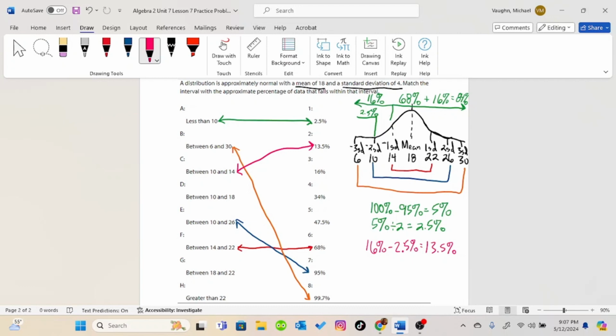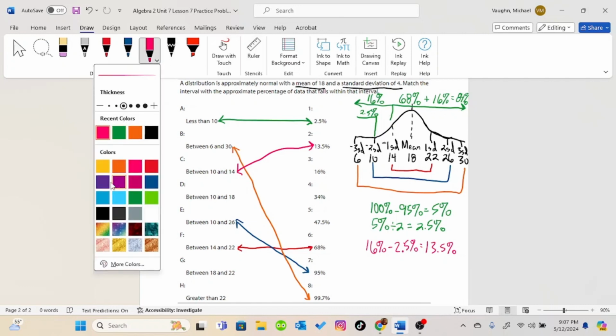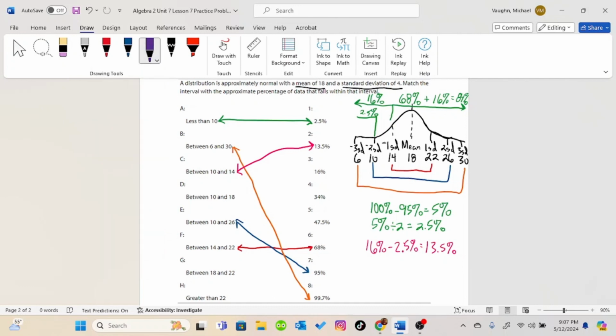Our next one is between 10 and 18. So if the mean is 18, that means 50% is above 18.